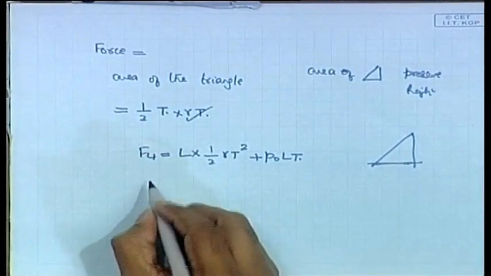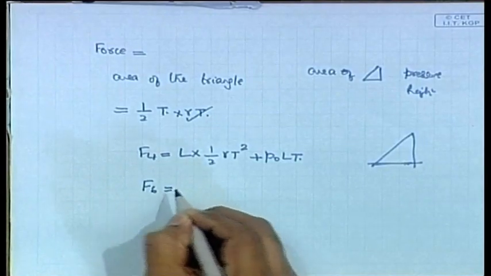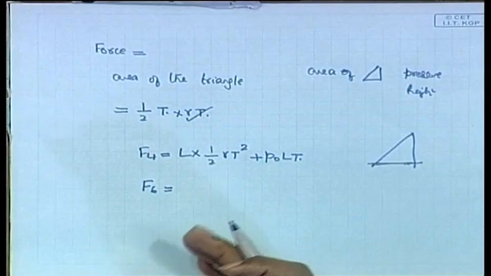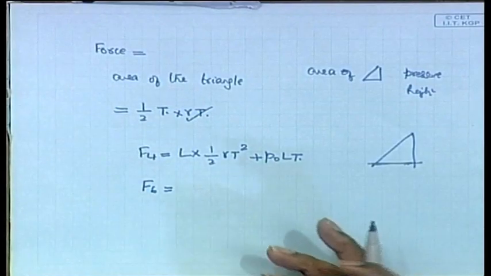And with the same logic, you will get F6 to be the same as last time, the negative of this. So, when you do F4 plus F6, you again come to 0.